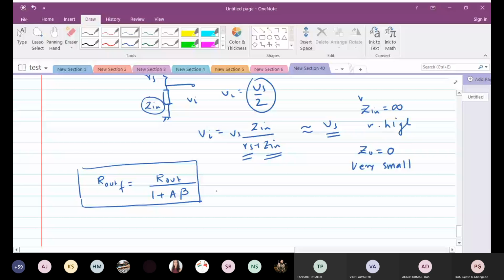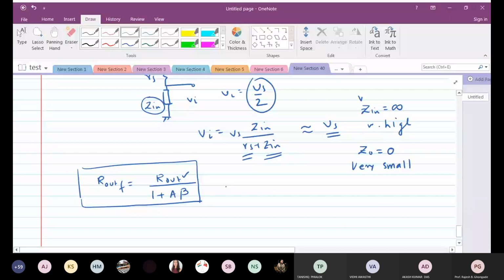With voltage series feedback, output impedance increases or decreases? This is without feedback, gets divided by 1 plus A beta. Guys, come on. Decreases. Whether it is good or bad? Sir, it's good if it decreases.